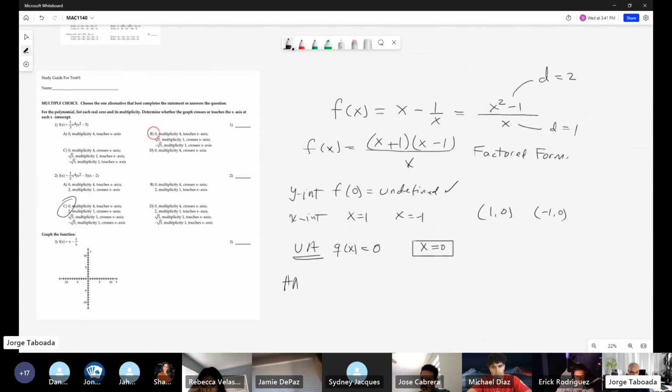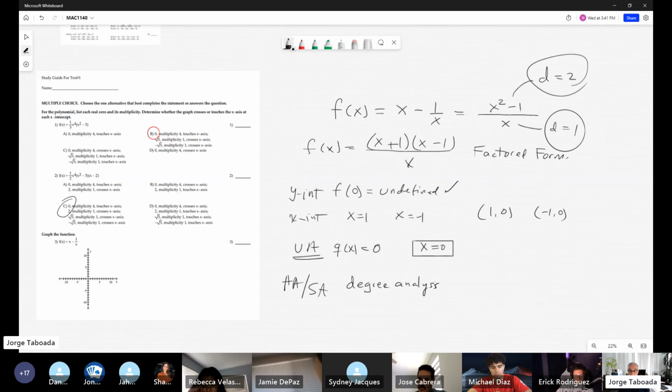Horizontal asymptote or slant asymptote. This is the complicated part. Remember the degree analysis. In our example, the degree is 2 on top and the degree is 1 on the bottom.